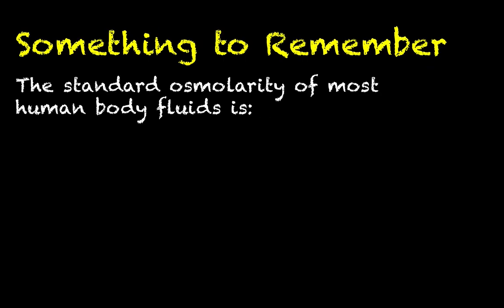And then finally, a very important number that I would like you to commit to memory. I'm not going to ask you to memorize too many things, but when I do ask you to memorize something, you'll know that it's a very important thing for you to remember. The standard osmolarity of most human bodily fluids, including the blood plasma, is 300 milliosmolar.